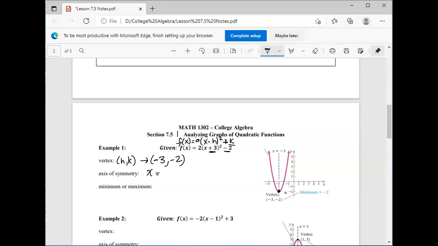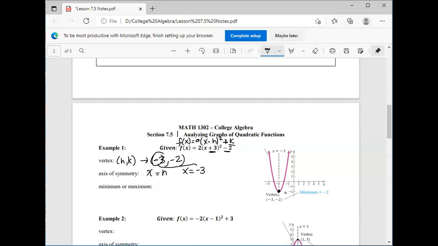Okay, the axis of symmetry is supposed to be X is equal to H. Well, in our case, we would say X is equal to whatever we got right here is supposed to go right here. It's not a trick. So negative 3, if we draw a line on X is equal to negative 3, if we fold it on both sides, it would be the same.